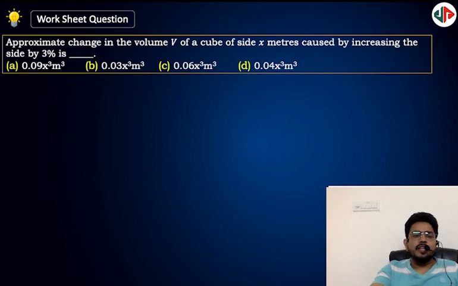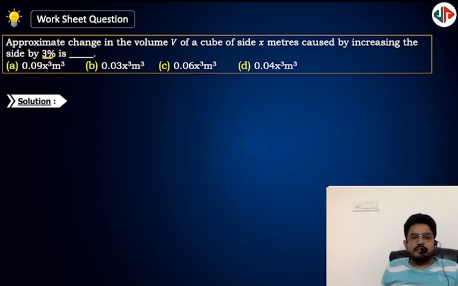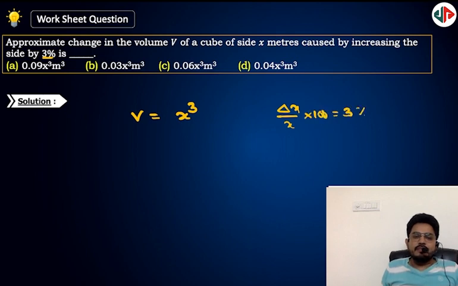Next one is, approximate change in the volume V of a cube if the increase in the side is 3%. So volume of the cube is equal to side cube. Percentage error delta x by x into 100 is given 3%.